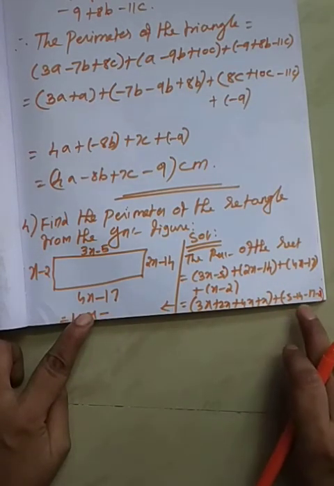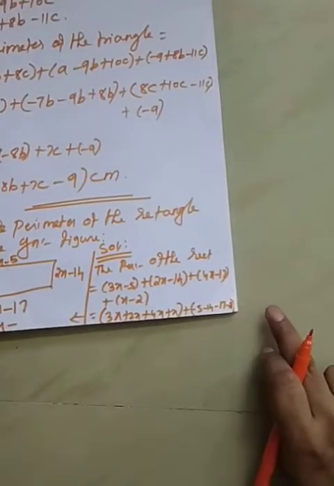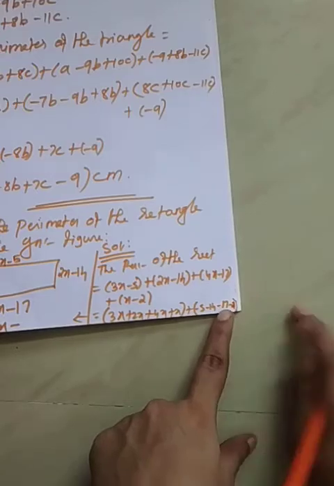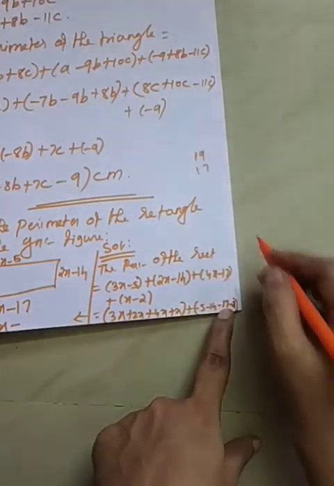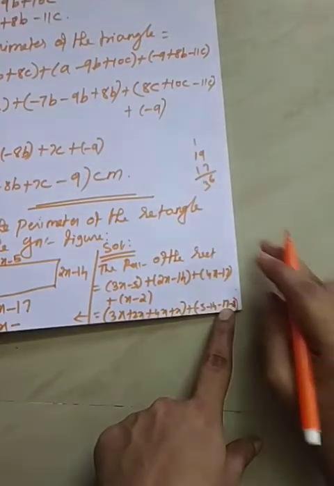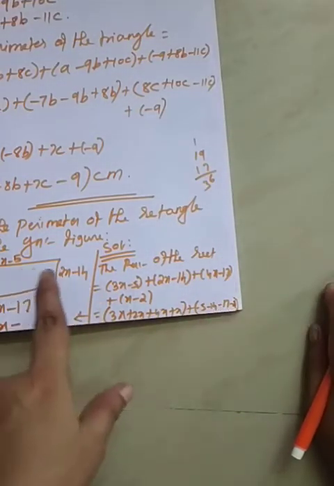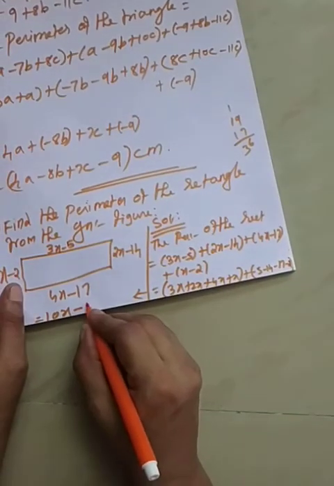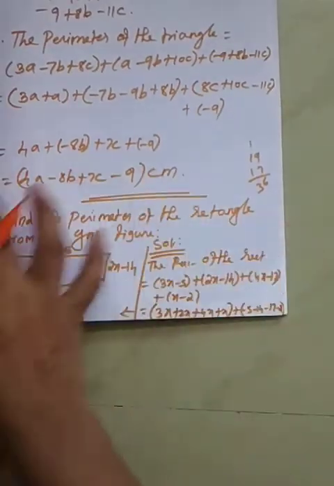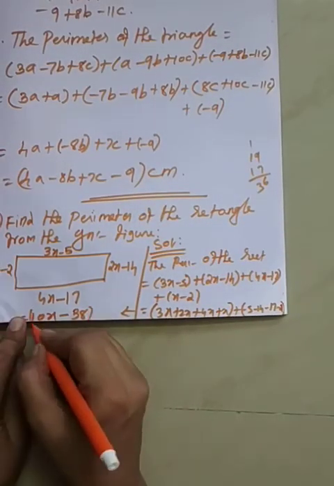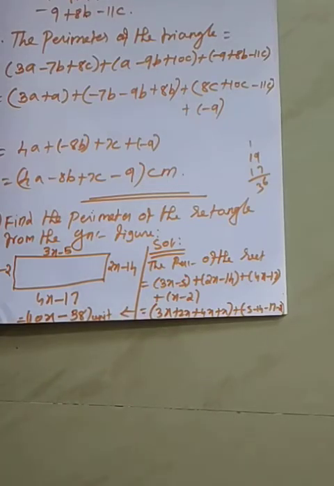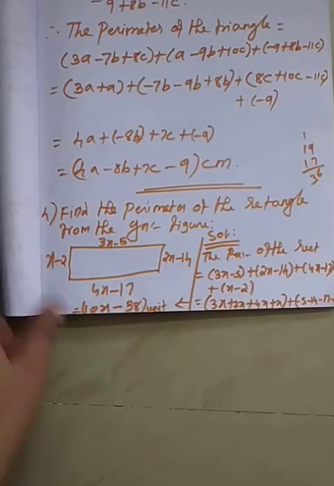Then you have to add 14 plus 5 is 19, 19 plus 17, what is that? 19 plus 17 is 36, 36 plus 2 is 38, so minus 38. See, this is the answer. You can write the unit. 10x minus 38 units is your answer. Everybody clear?